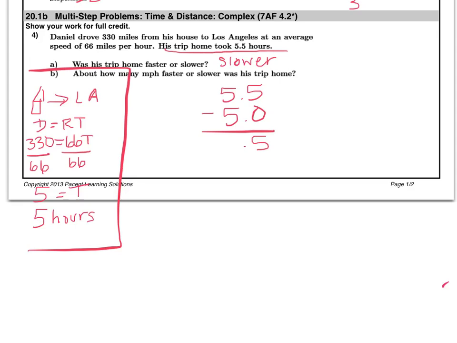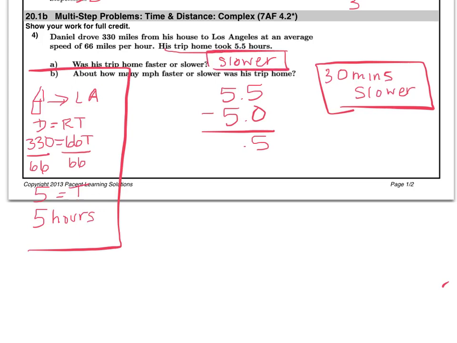Okay, so we would say it's about 30 minutes slower. And we would box our answers. Okay, and of course, again, I need to see the work.